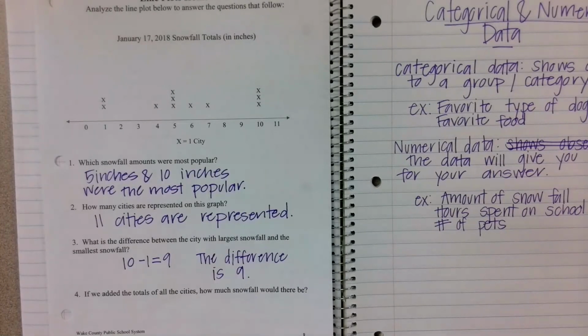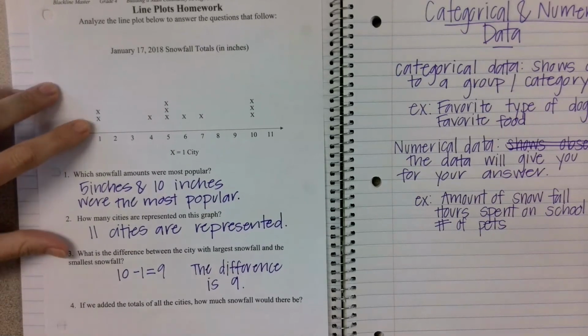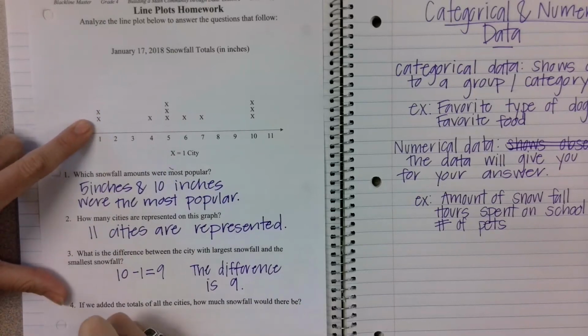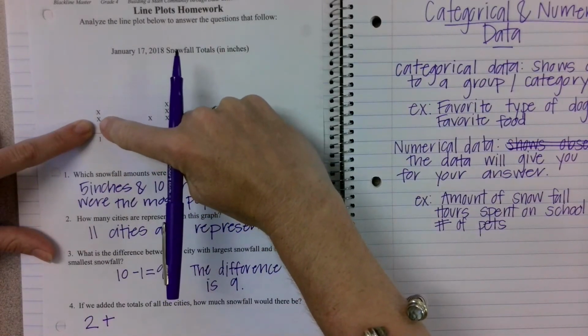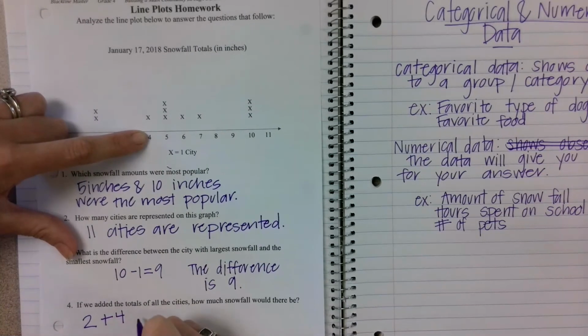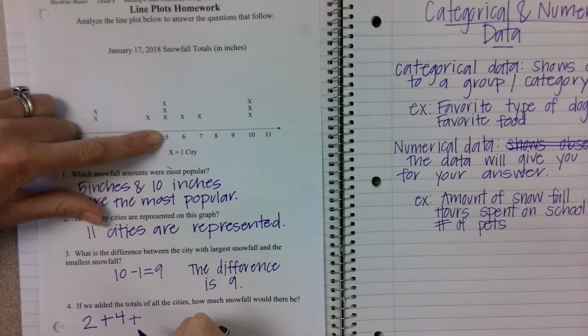And then last question, if we added the total of all the cities, how much snowfall would there be? So what I'm going to do is put 1 plus 1, because I had 2 cities. So I'm going to put 2, because that's 2 cities, each had 1 inch of snowfall. So that's 2 inches. There was 1 city that had 4 inches, so I'm going to add 4, plus 3 cities had 5 inches.